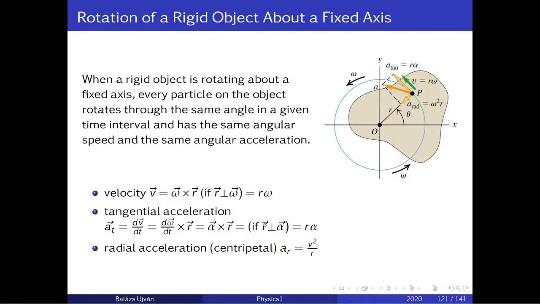If you suppose the angular acceleration and the r is perpendicular, which is true in this case, when you rotate something in the plane, that will be r times angular acceleration. So the full acceleration of the point is always the tangential acceleration coming from the angular acceleration and the central acceleration coming from the fact that this body moves on a circular path. The net acceleration is the vectorial sum of these two accelerations.